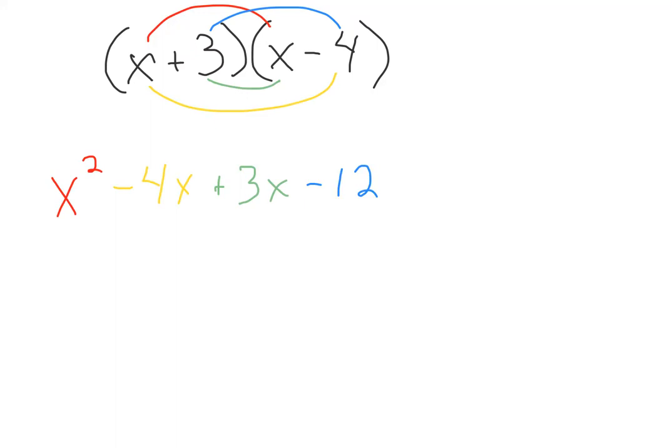We clean it up. Negative 4 plus 3 gives me a negative x, negative 1x. And then the other two terms drop. Not too bad, I hope. Let's look at one more scenario.